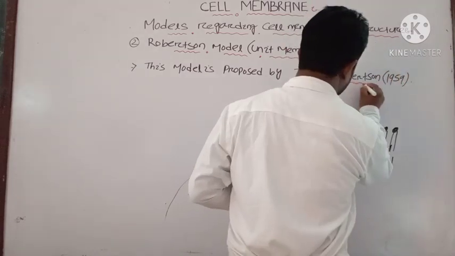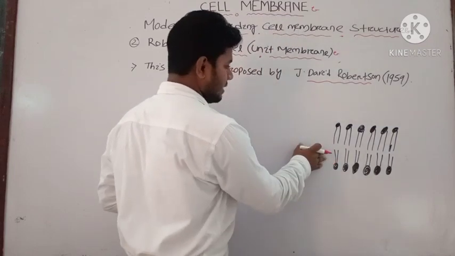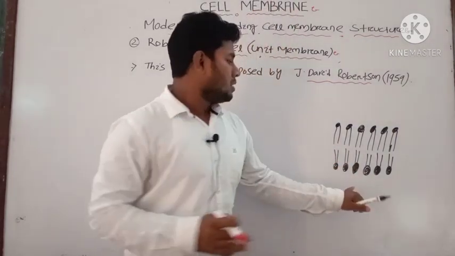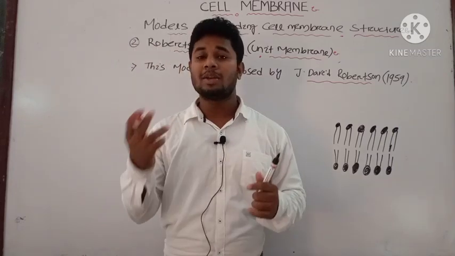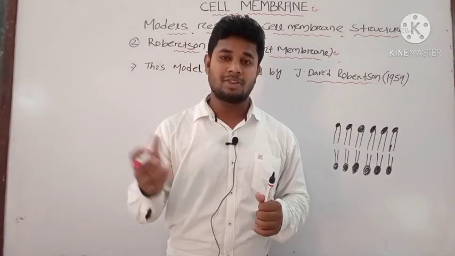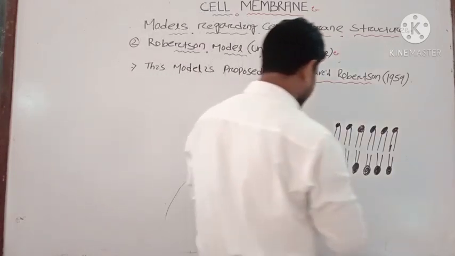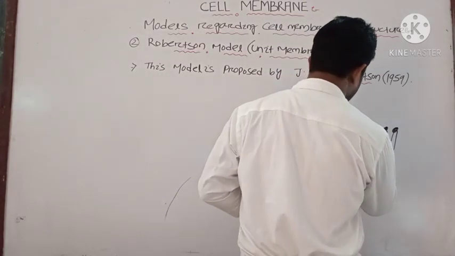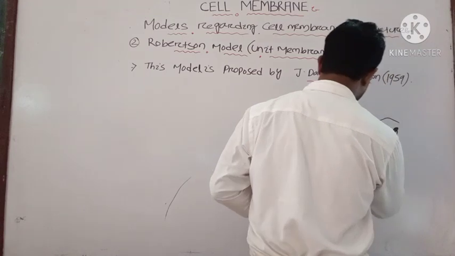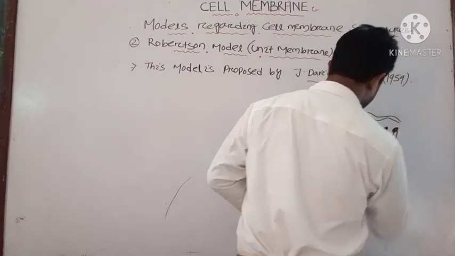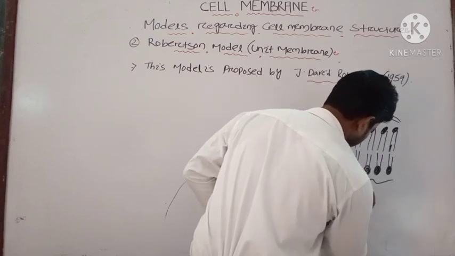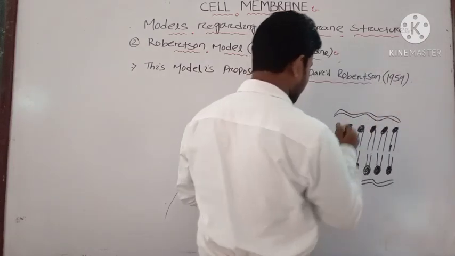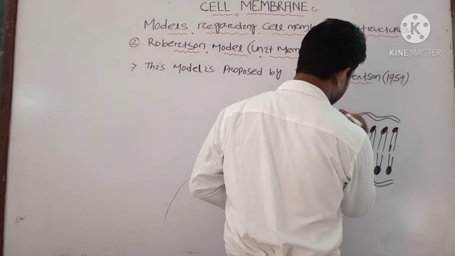Okay, this is your phospholipid bilayer. If you compare the sandwich model and unit membrane structure, then you can find the globular proteins are present in case of sandwich model, but here you can find the extended protein structures. Extended proteins are present in unit membrane structure.